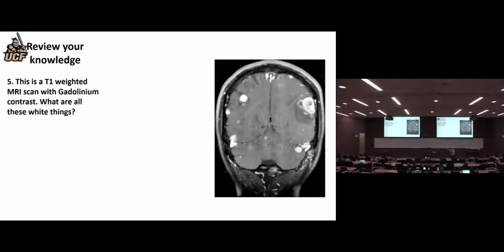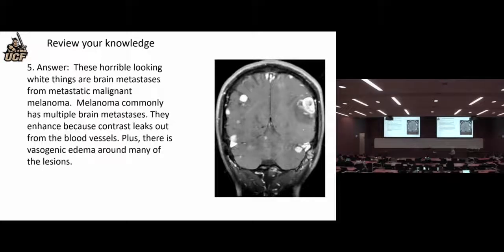Now, what are all these things? Metastases, that's right. And one tumor, maybe not the only one, but one tumor which really has a tendency to produce multiple metastases is malignant melanoma. And that's what this is. And there's some edema around it. And actually, I don't know whether this is contrast or not contrast. In a way, this is sort of an example that you can have something bright from just the tumor.